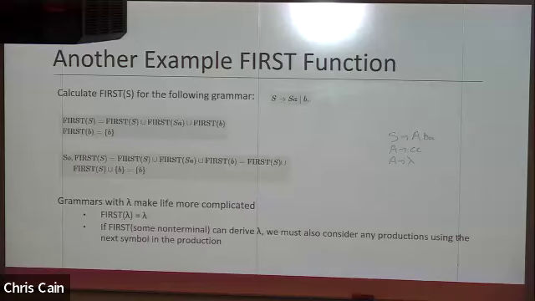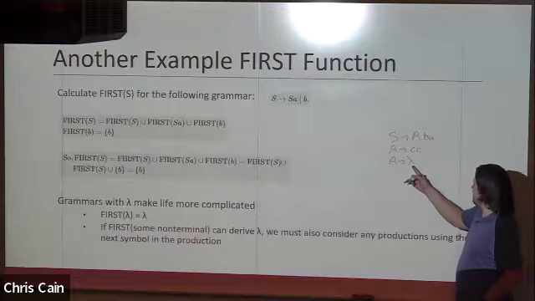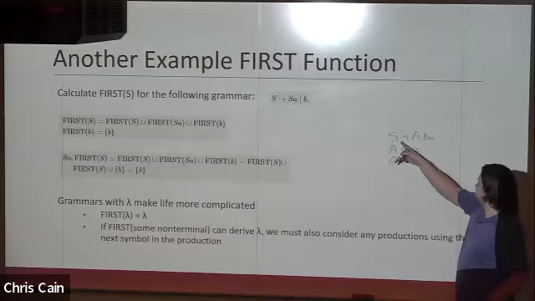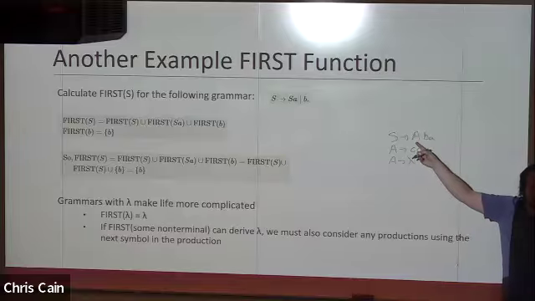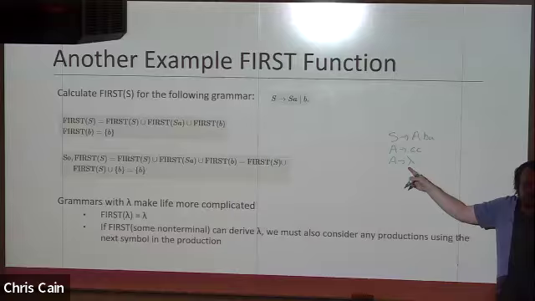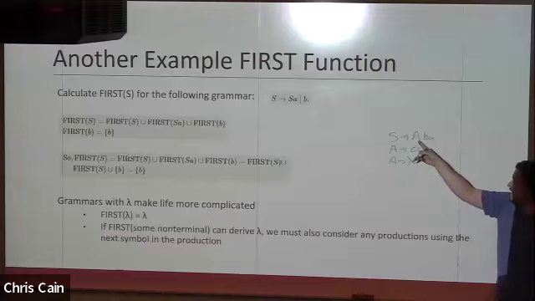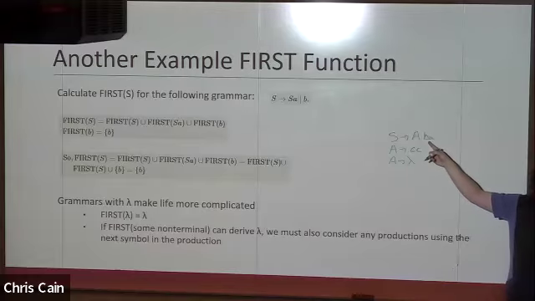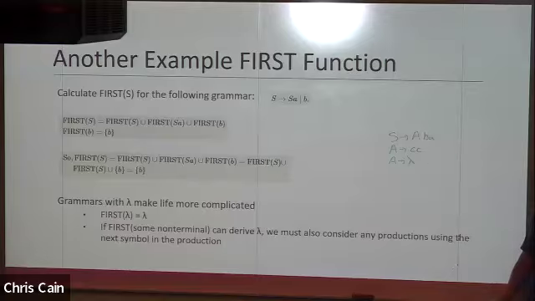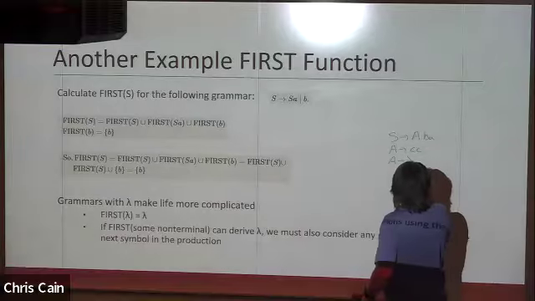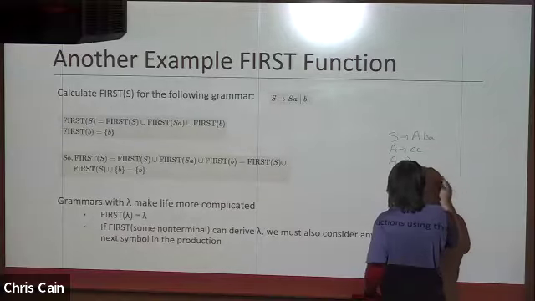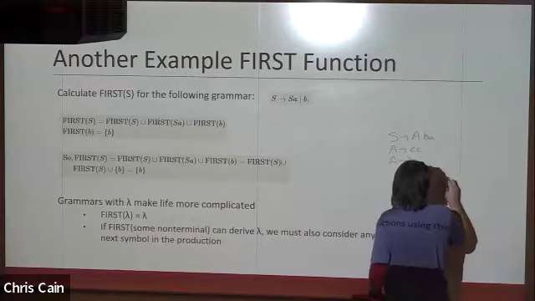So basically the fact that this can go to lambda doesn't necessarily mean that identifying first of capital A is enough. We have to add an additional conditional rule that if this can go away in some capacity, then we need to move past it and consider the first of the next element as well. And we can see how here we can generate strings that start with ABA.